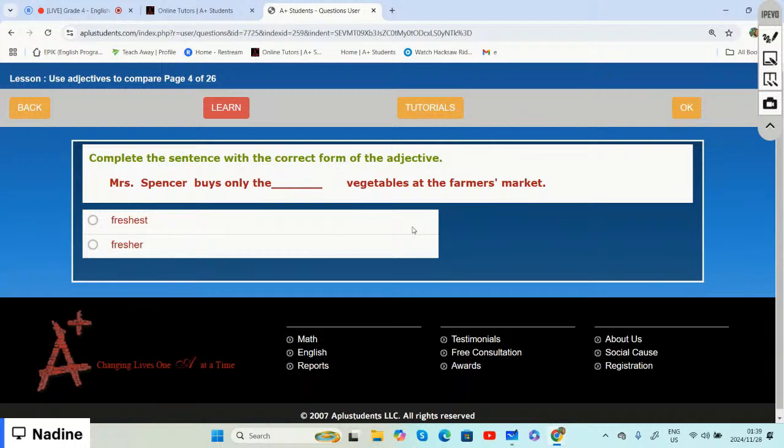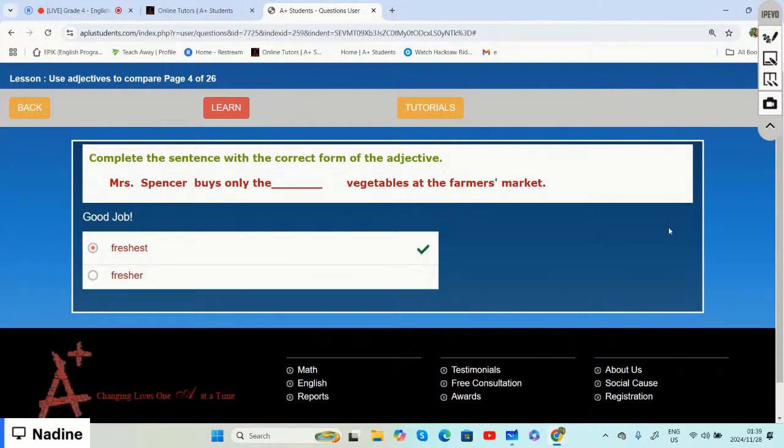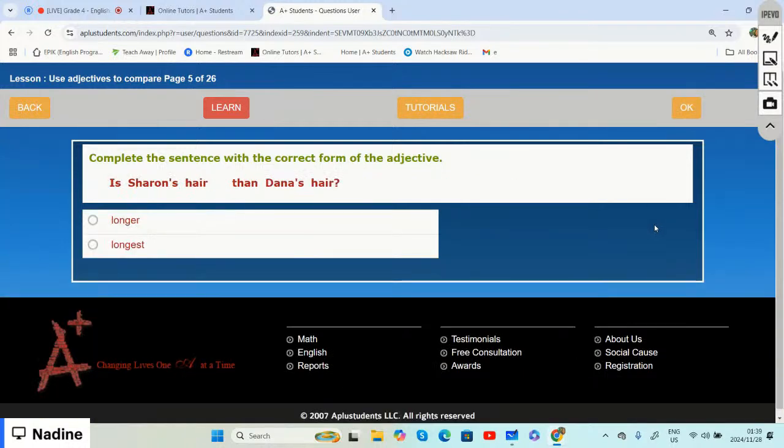And if we were to choose the correct option, then we can say the freshest vegetables. Well done. So option one is correct.